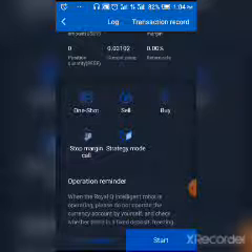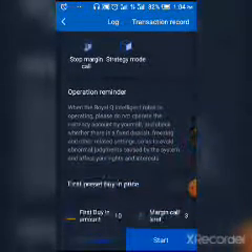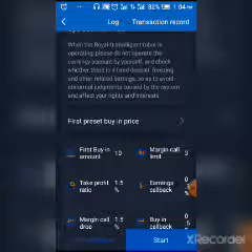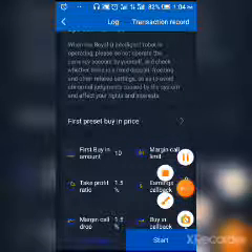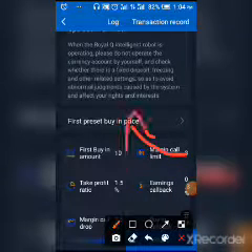Then you have your sell, buy, stop margin, and strategy mode. These are the things that you must be very, very familiar with if you're going to set your strategy right. Then at the bottom here, we have our first buy-in price, which is very important before we start our setting.